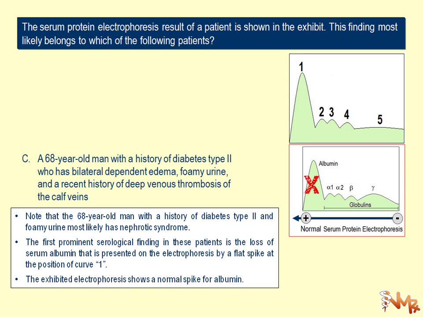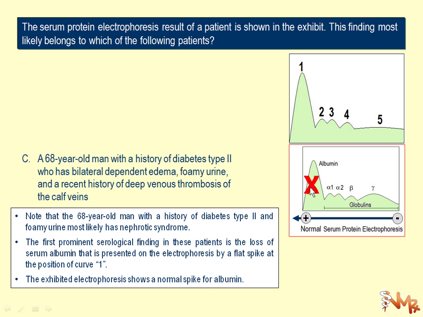So for these patients with nephrotic syndrome, you don't see that spike. To summarize, if you do electrophoresis for patients who have nephrotic syndrome, you will not see that spike in the position of the albumin.